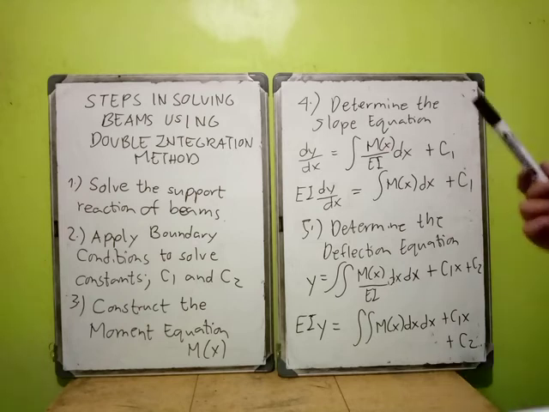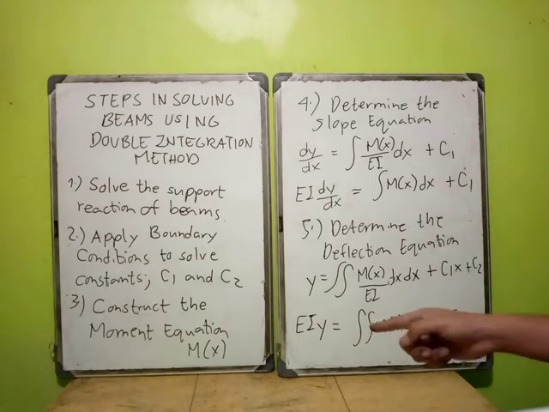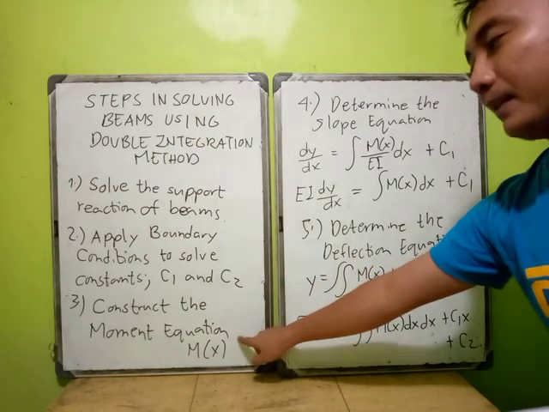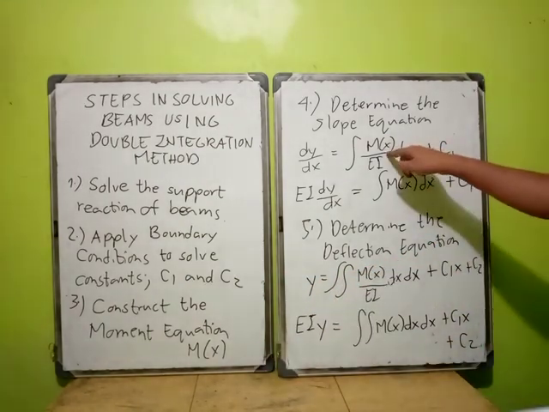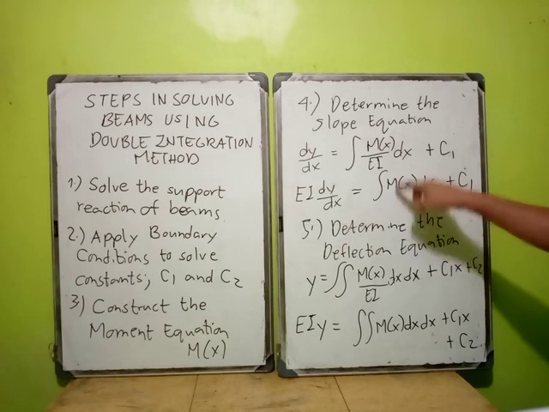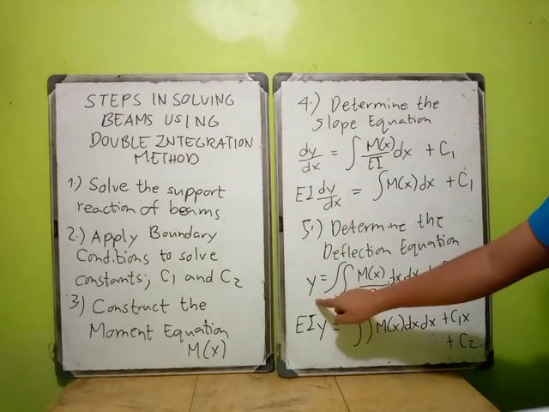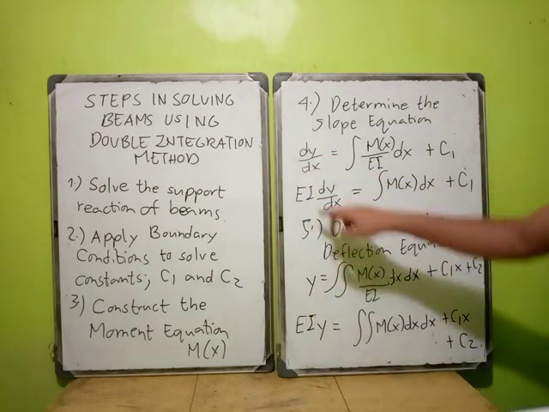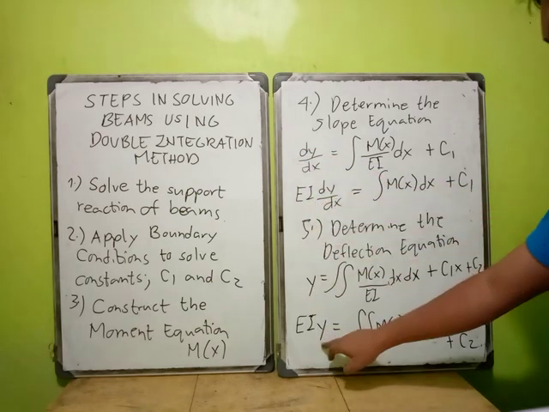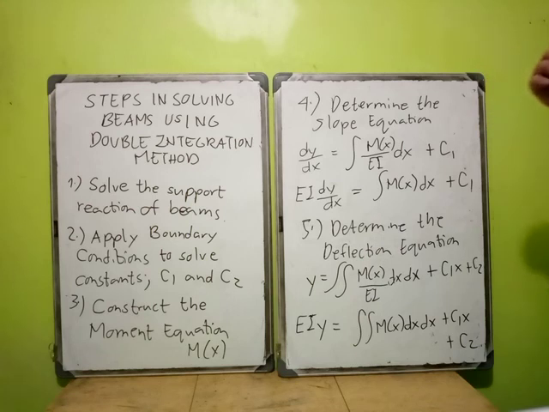Solve the support reactions of beams, apply boundary conditions to solve constants C1 and C2, construct the moment equation. Once you have the moment equation, apply it here. It's either here or here, you choose. If you used this one, use this one. They are partners. If you used this one, then use this equation too, in order to determine the slope equation and the deflection equation.